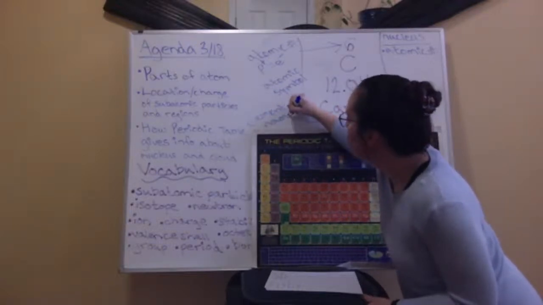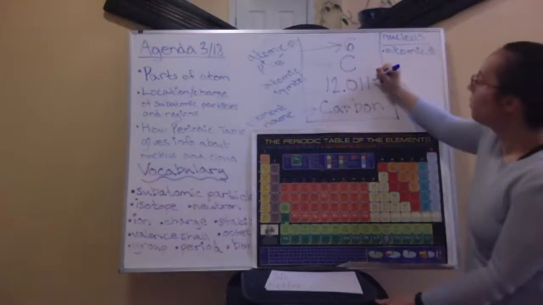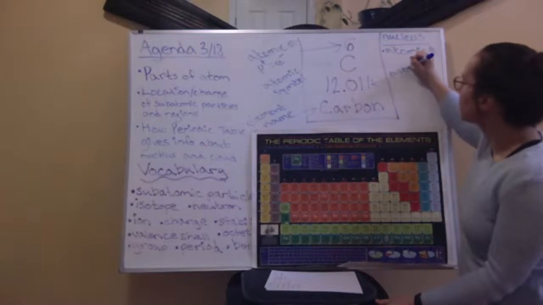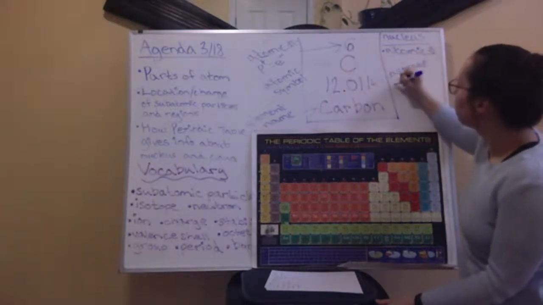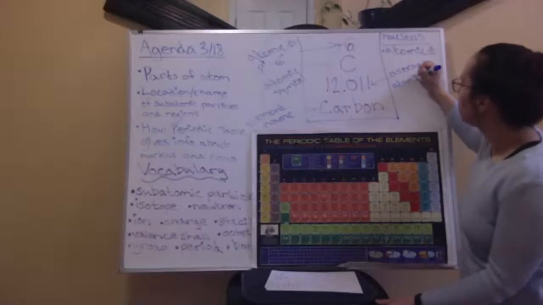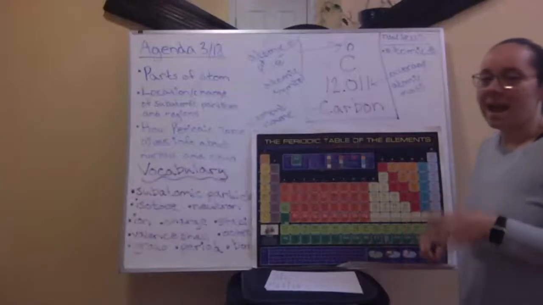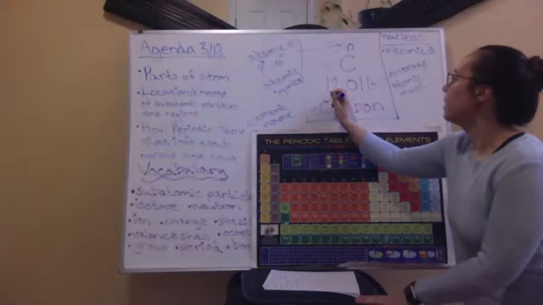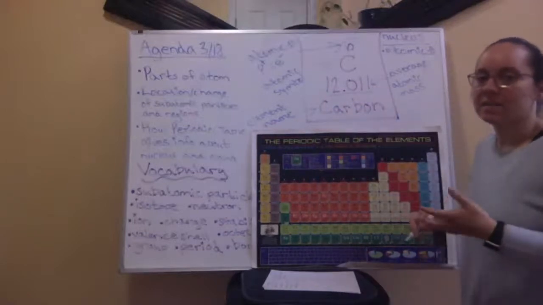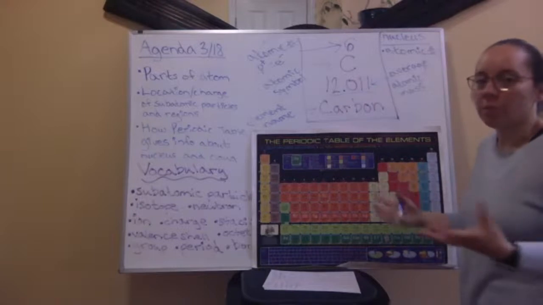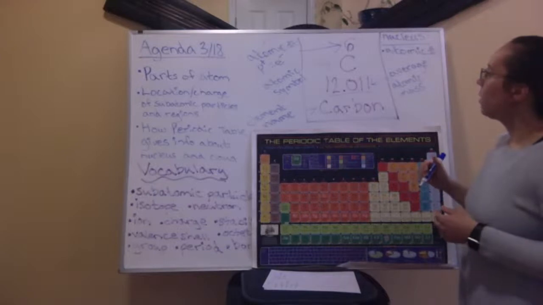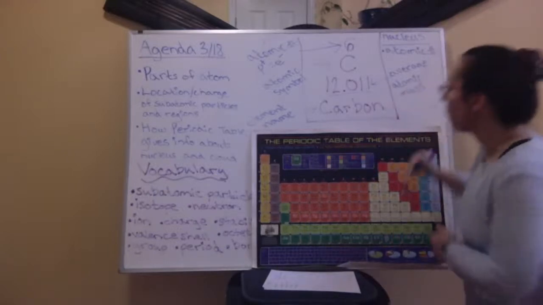Okay. So now, here we have what's called the average atomic mass. So notice that it says average, okay? So I had mentioned before that when you see a mass that has a decimal, that it is an average of multiple masses, okay?